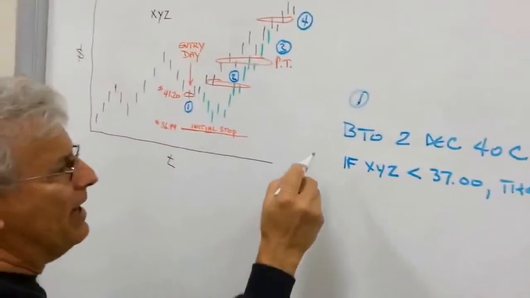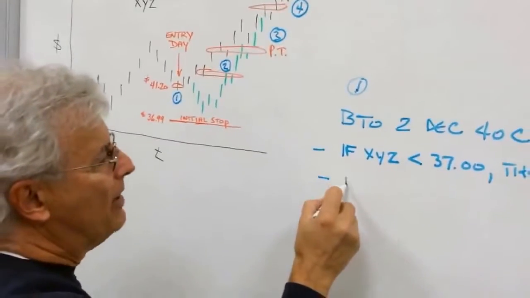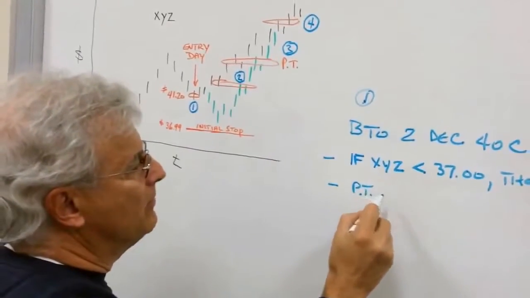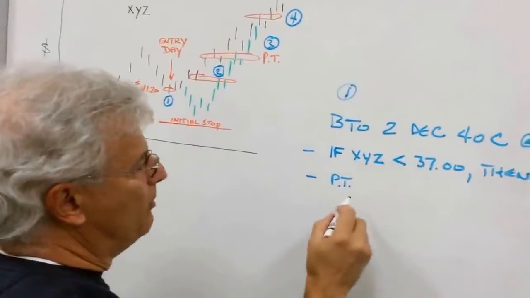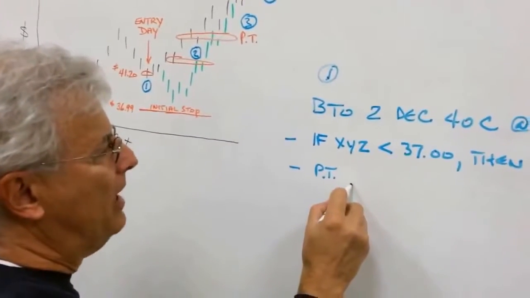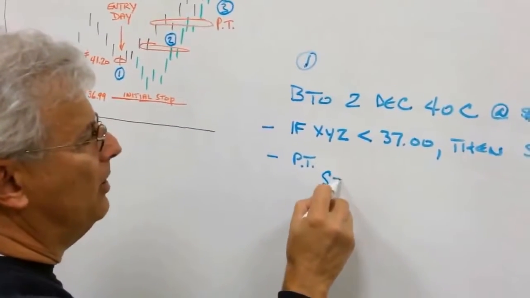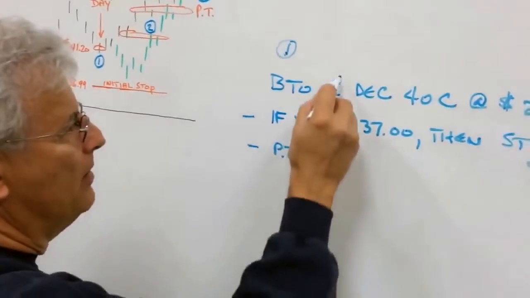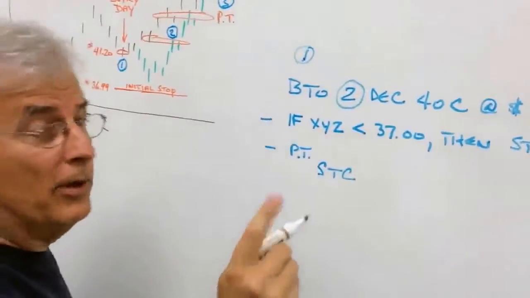Okay, now at the same time we enter the initial stop, we're going to enter the profit target. We do that directly with the option. We're going to say sell to close. Since we are long 2, we want to sell half now.